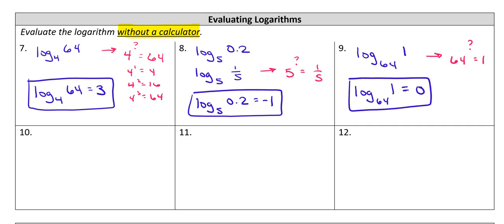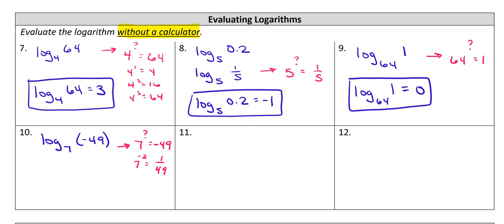Okay, let's look at number 10. Log base 7 of -49. Again, we have to think about this mentally. 7 to what power equals -49? Let's think this through. If I use a negative exponent, like -2, that means 1 over 49. That's not what I have here. If I use 0, I get 1.